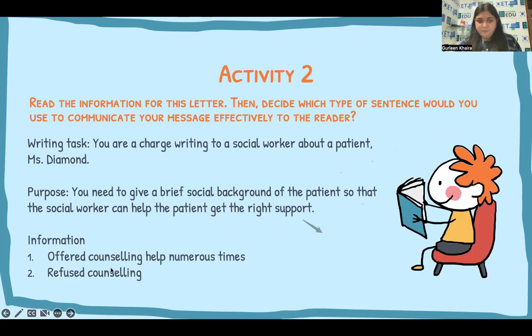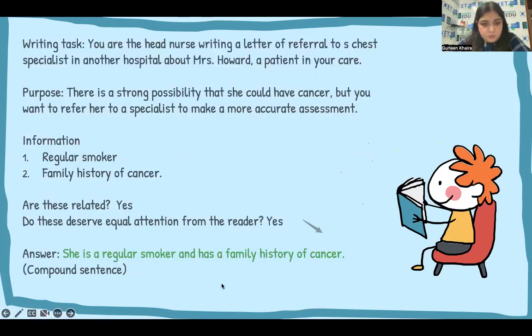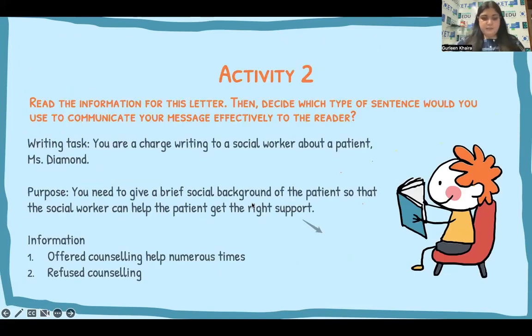Very good. So this was the sentence: She is a regular smoker and her family history is remarkable for cancer. I'll just correct this.